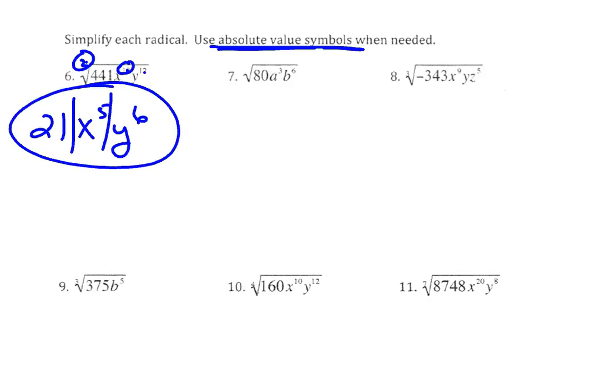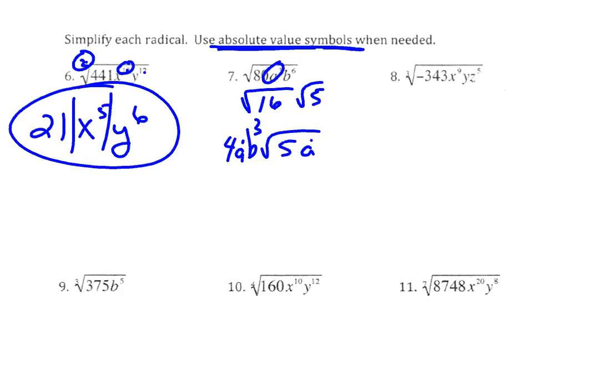7, 80. Now let's see, 80 breaks down into 16 and 5. Let's get a 4 on the outside, 5 on the inside. A to the third is the same as a squared times a. So you can take an a out and then leave an a in. 3 divided by 2 is 1 on the outside, and there's a remainder of 1 on the inside. And the b's would be 6 divided by 2 is 3.